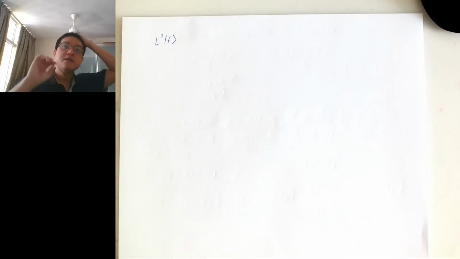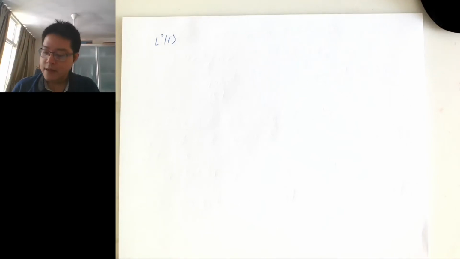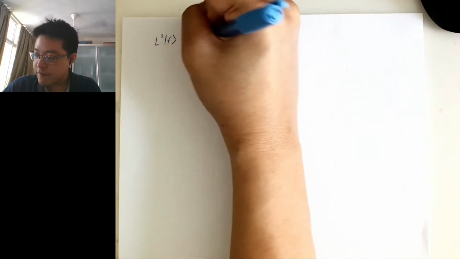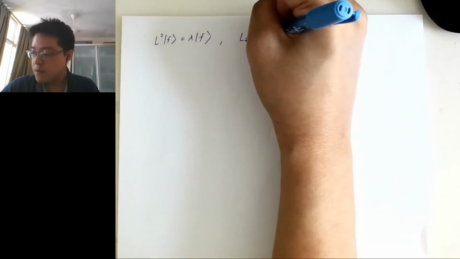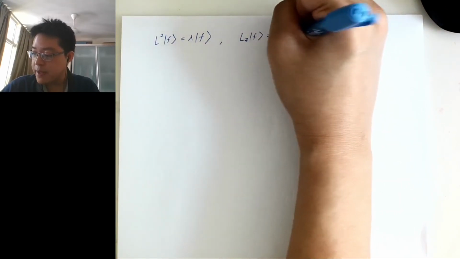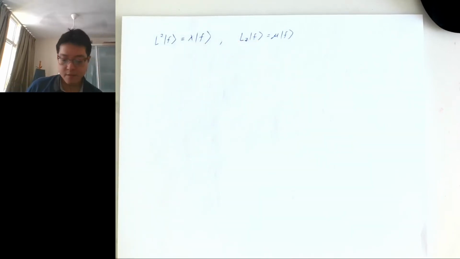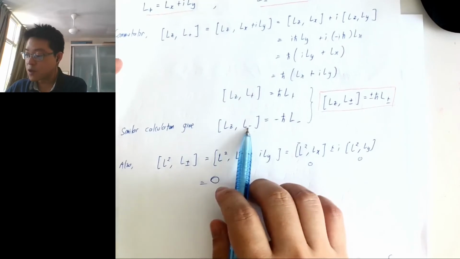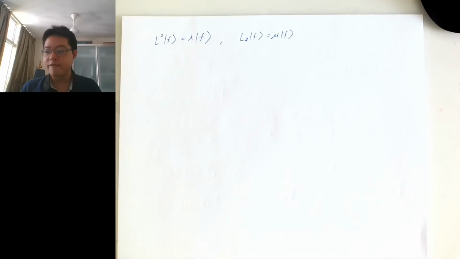But this new state is still an eigenstate of your other operators, with the eigenvalue increased or decreased by a certain step. To remind you, the f are the eigenstates of L squared and Lz only. Because Lz does not commute with Lx and Ly, and in fact does not commute with L plus minus, f is not an eigenstate of L plus minus.